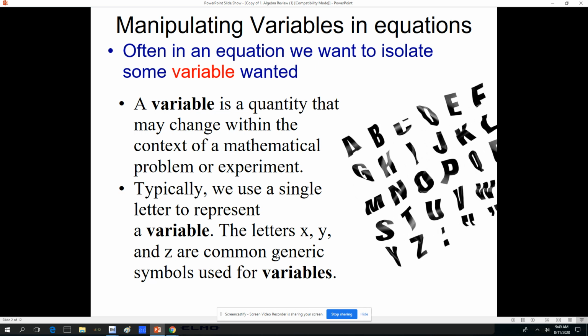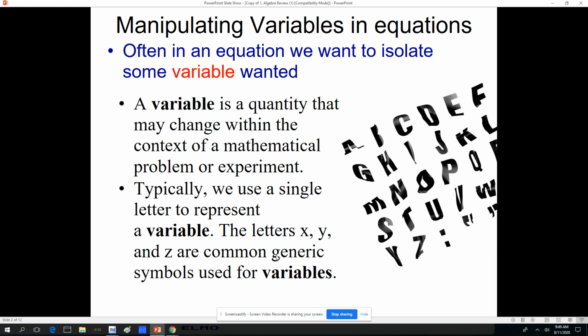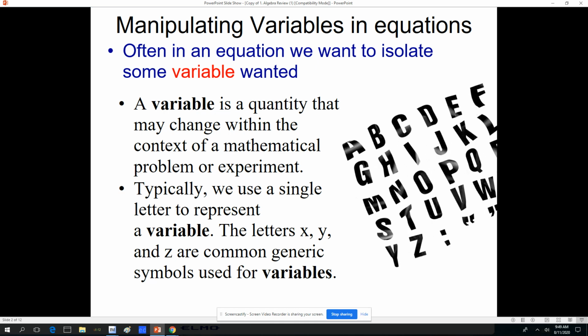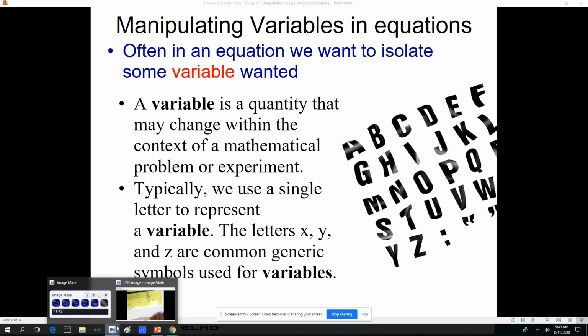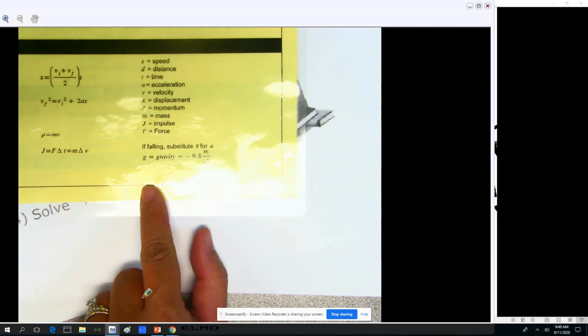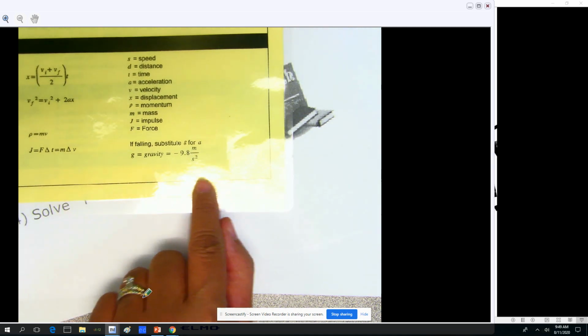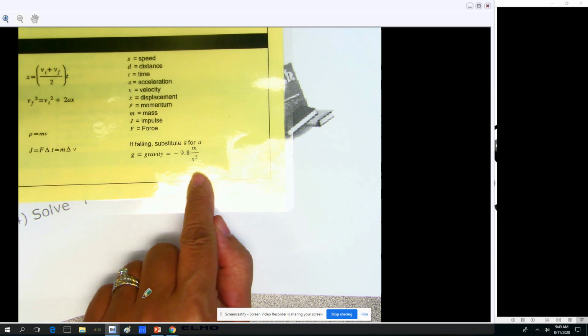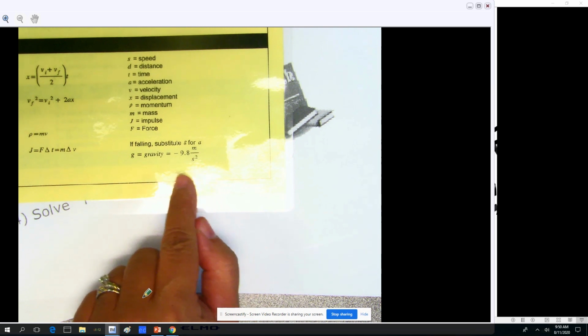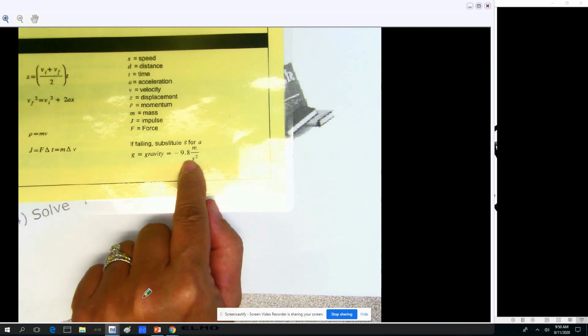For instance, down here, I've got little g. Little g represents gravity, and gravity on Earth has a distinct value, negative 9.8 meters per second squared. Of course, gravity on the moon or on a different celestial object will have a different value. But for Earth, we can guarantee it's negative 9.8 meters per second squared.